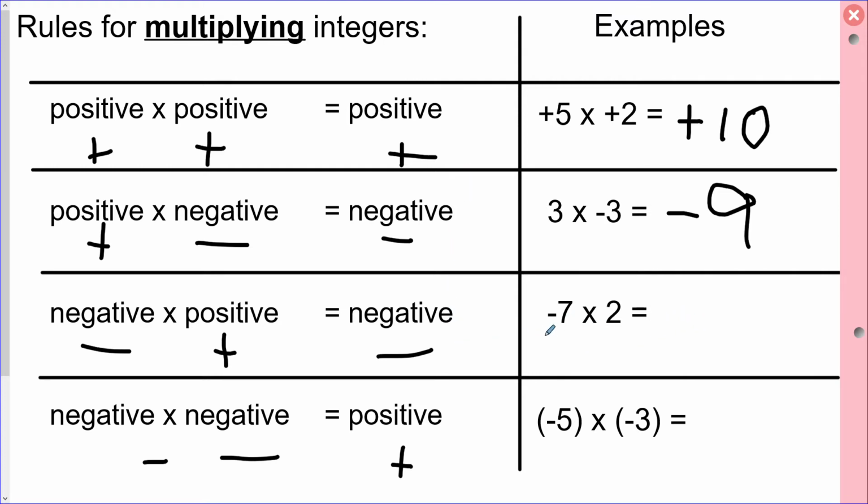So negative times a positive means we end up with negative 14. Remember that if there's no sign in front of the number, it is assumed that it is positive. Then last one, negative times a negative equals a positive. So that equals a positive. I'll put it in there just because. And 5 times 3 is 15. Fairly straightforward so far.